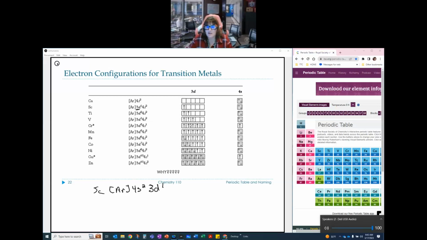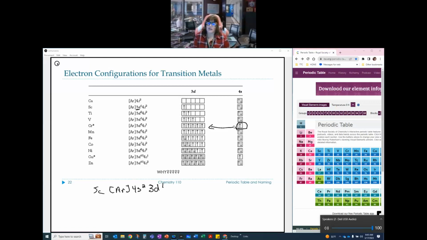This looks normal. But then I go here and that doesn't look normal to me. Why doesn't that look normal to me? Because instead of having the 2 electrons out here, like we had in all of the previous ones, we've taken one of them and moved it in there. That's weird. Why did we do that?